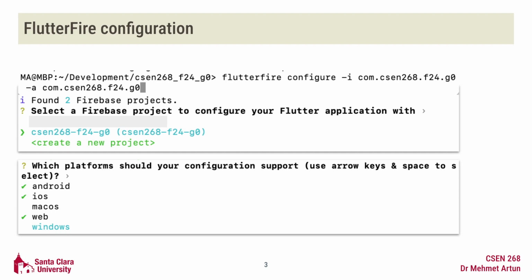What I've done is I've gone to the Z-shell resource file and added that pub-cache bin into your export path. So now Flutterfire is exported. You understand what I'm saying?